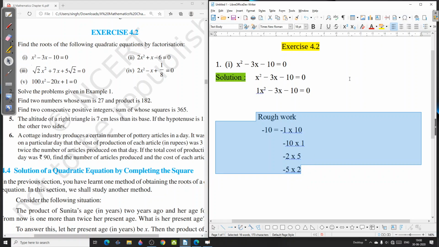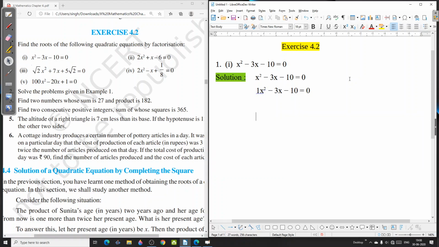This is only just to help us, and you can do this orally also. There is no need to show it in the answer sheet. So now next, as I told you, we'll rewrite this one. So this can be done as x square, then minus 3x is to be written as minus 5x plus 2x.